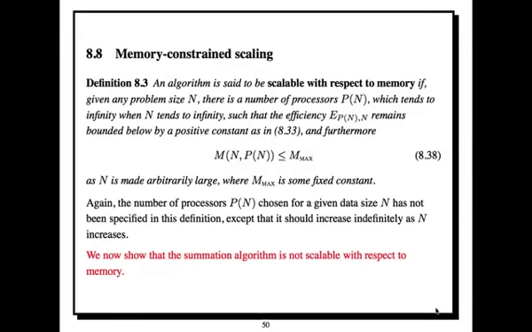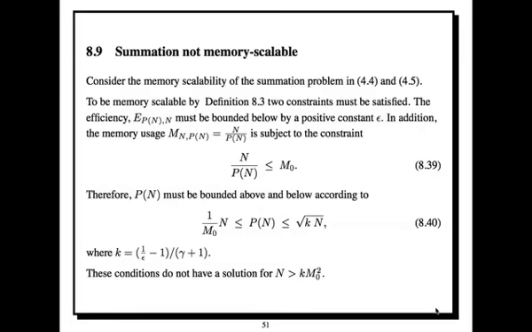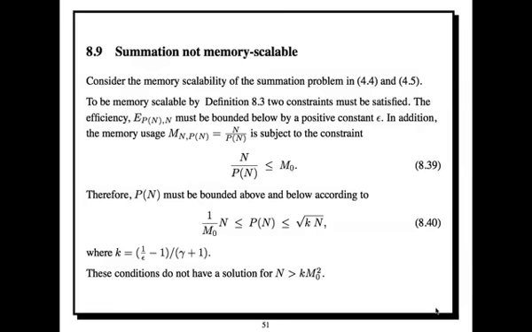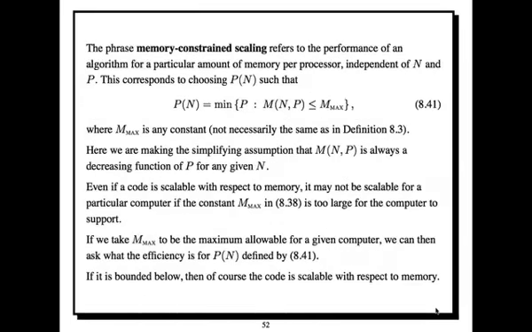So you would say that for the number of processors, for the scalability definition, the amount of memory used is bounded by a constant. And of course, it turns out that the summation problem is not scalable with respect to memory. So I'll let you read over that.